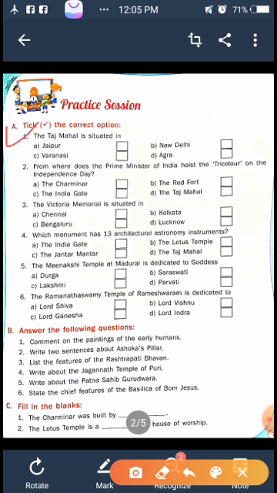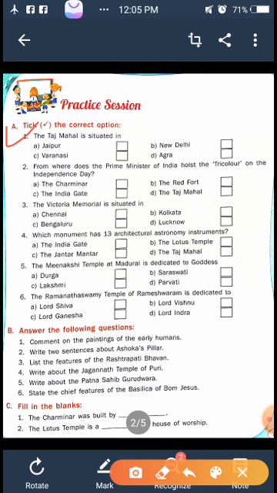Practice session, tick the correct option. There are 6 questions, and for the 6 questions there are 4 options in each question. Which one is suitable or correct, you just tick that one. The first question is: the Taj Mahal is situated in A. Jaipur, B. New Delhi, C. Varanasi and D. Agra.